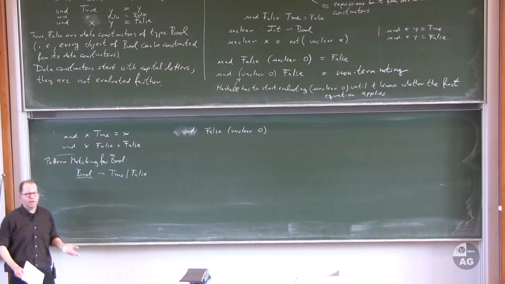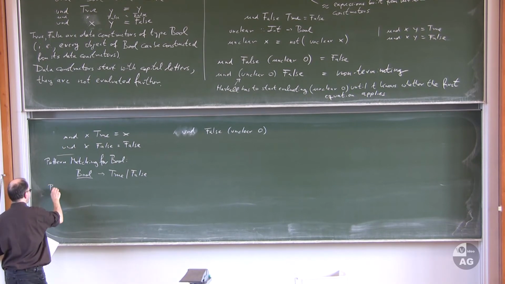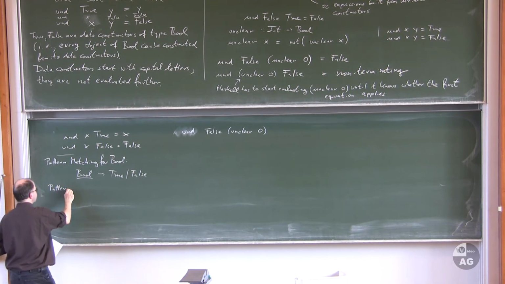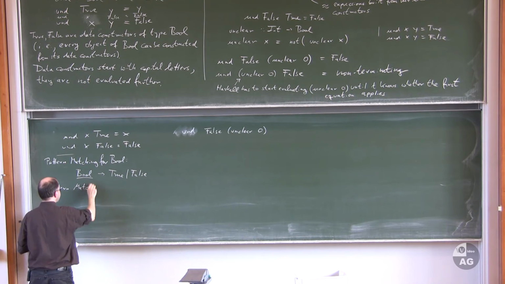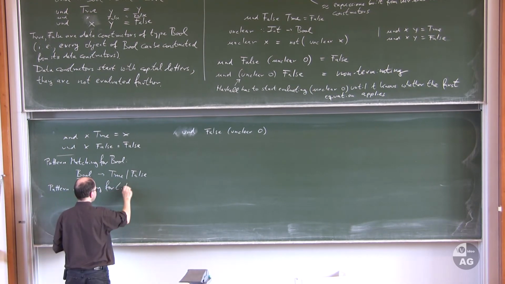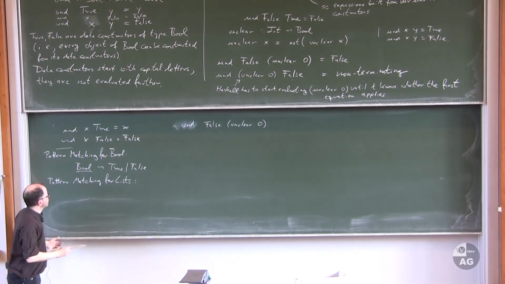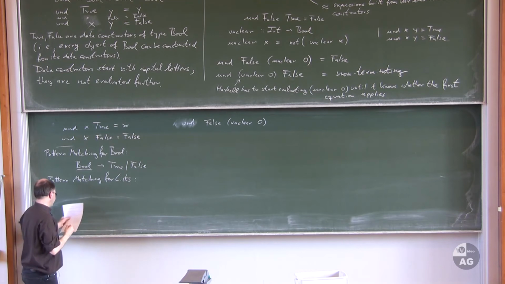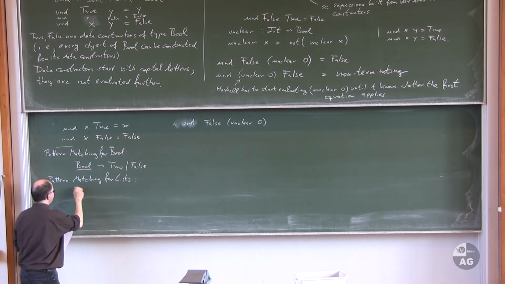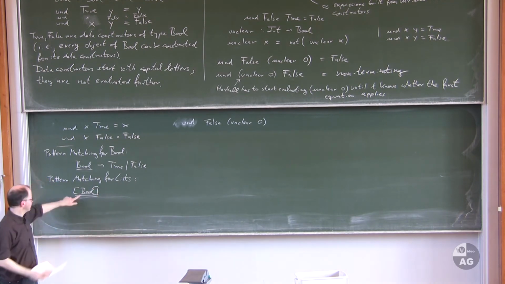Now, in a similar way, you can do this for other data types as well. Let's do it for lists. So how would pattern matching work for lists? Let's first do this for lists of Booleans. How do the objects of this data type look?